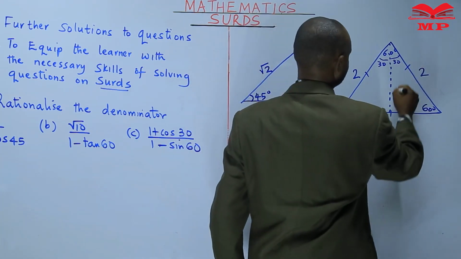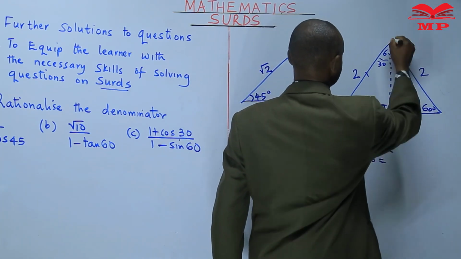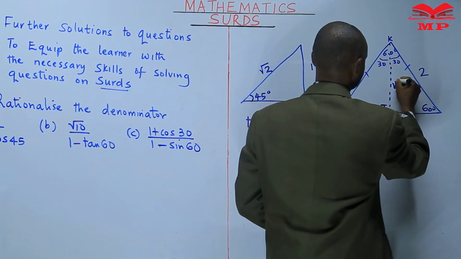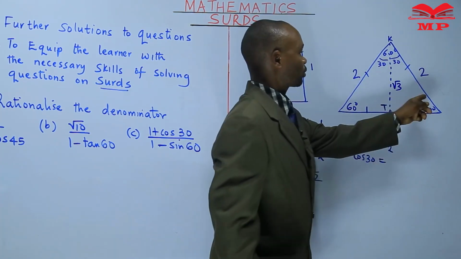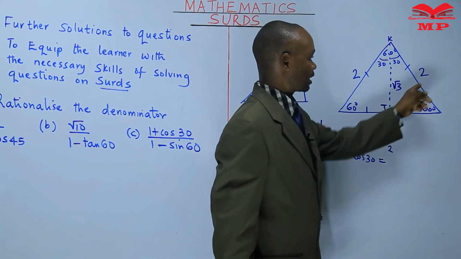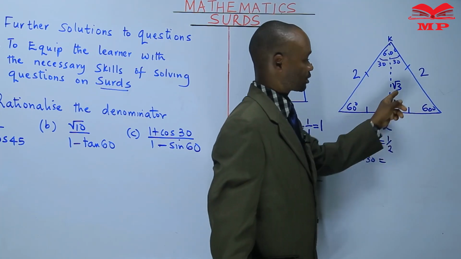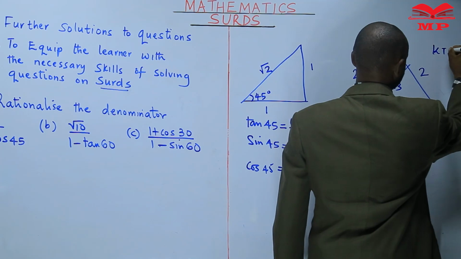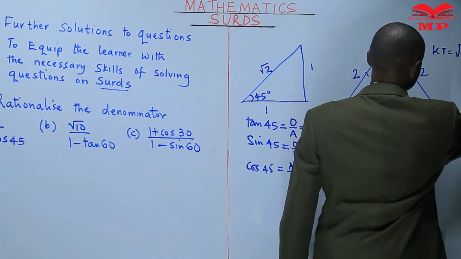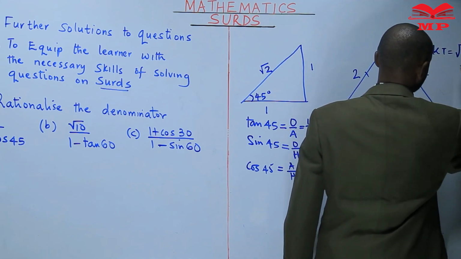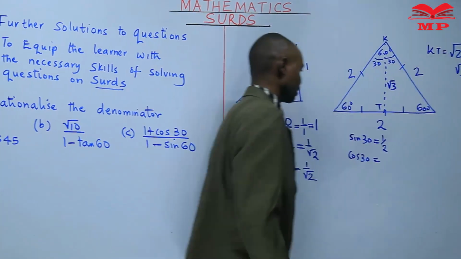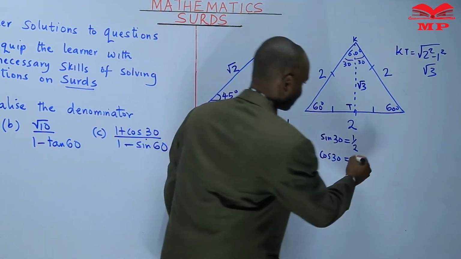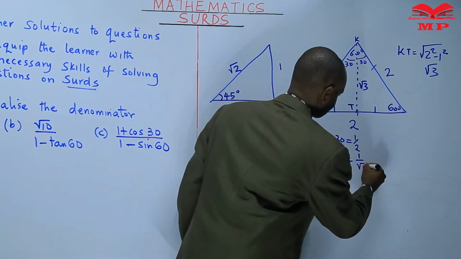If this length is x, this will be the square root of 3, because x equals square root of 2 squared minus 1 squared, which gives square root of 3.